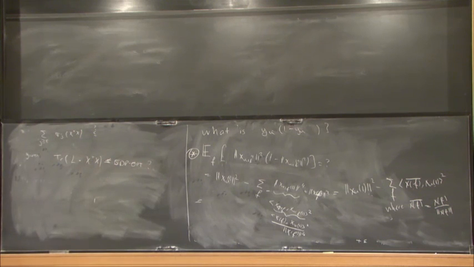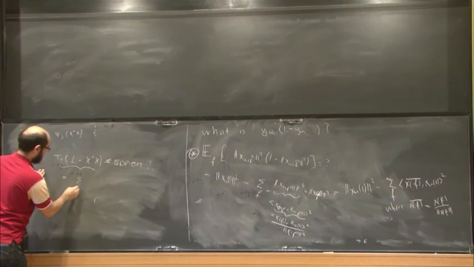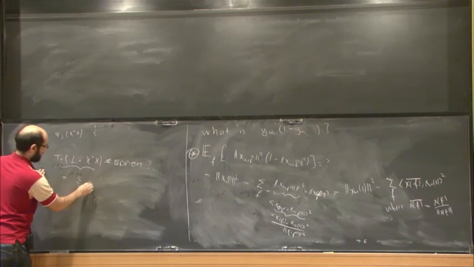So this trace is just the objective function.